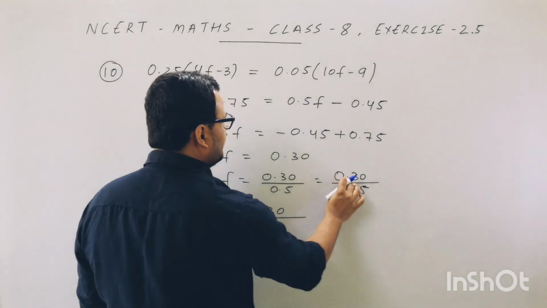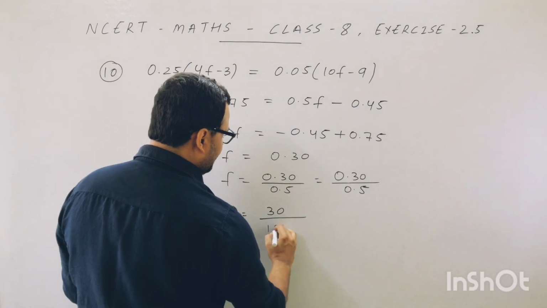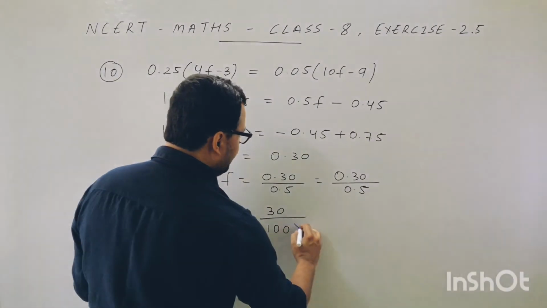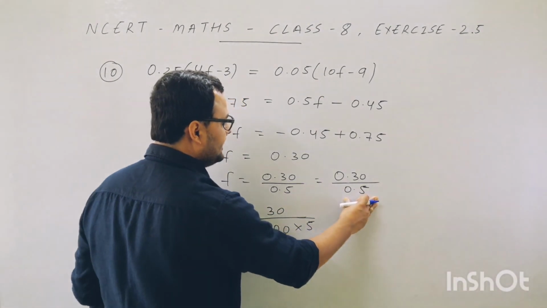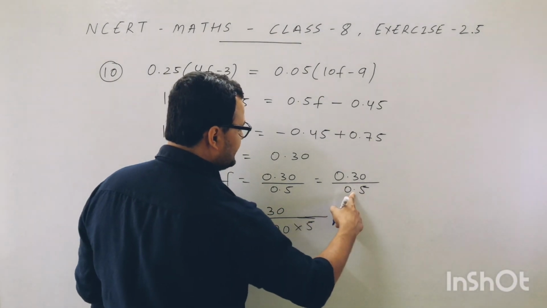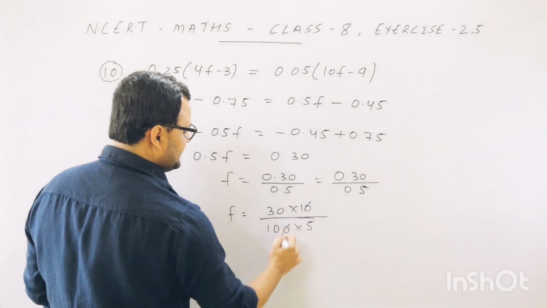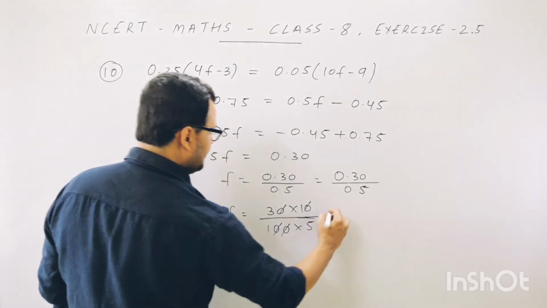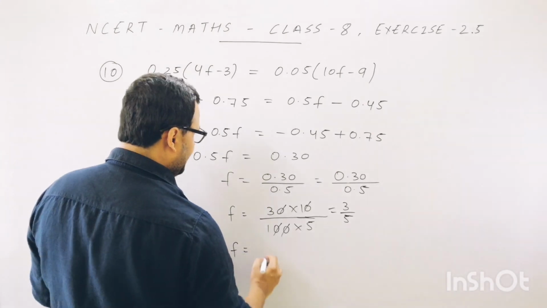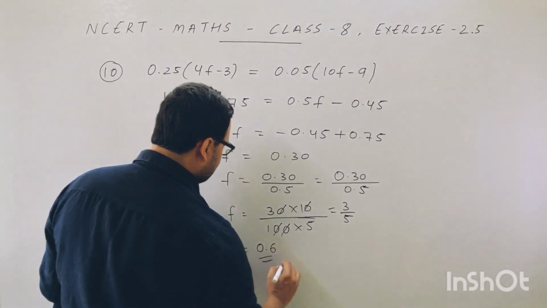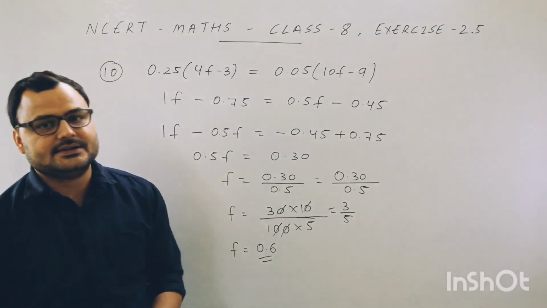Suppose if I remove the decimal, so after decimal 2 numbers we have, then divide by 100, then into, if I remove the decimal of the denominator, then after decimal 1 number, then 1 times 0, 10. Now 1 0 cancel, this also cancel, so we got 3 by 5, and when we simplify 3 by 5, we'll get 0.6. So for the question number 10, the value of f equals 0.6.